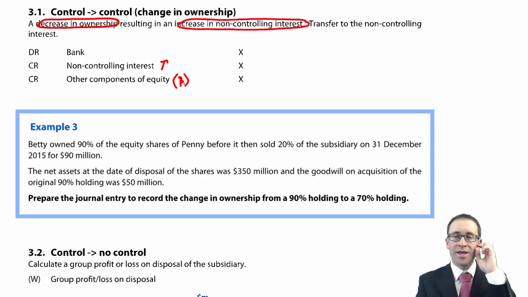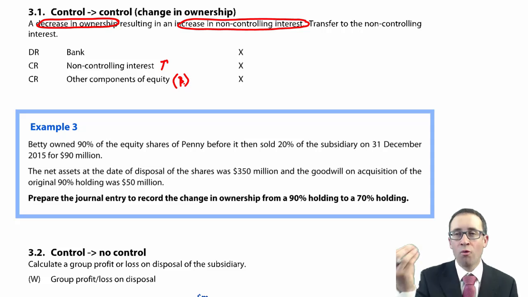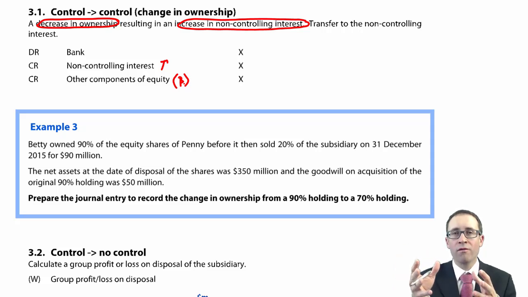But the key difference here is that if you're increasing the non-controlling interest, you're not giving them more of their already owned non-controlling interests. You're giving them more of the assets, more of the liabilities, and more of the goodwill.